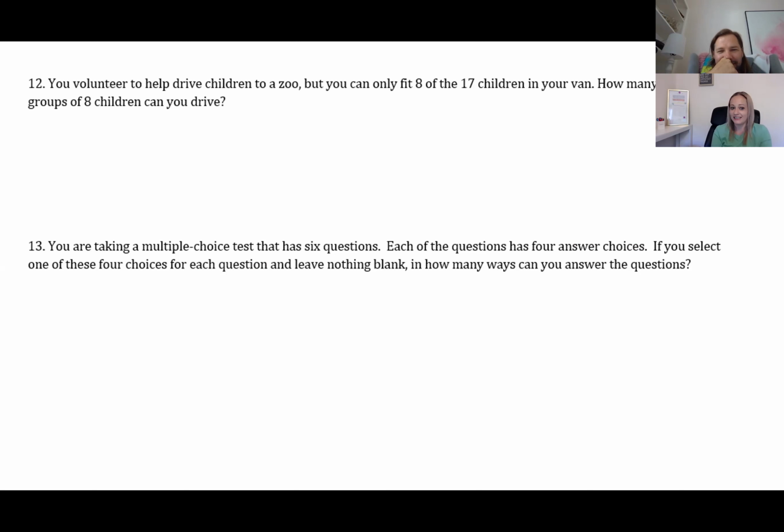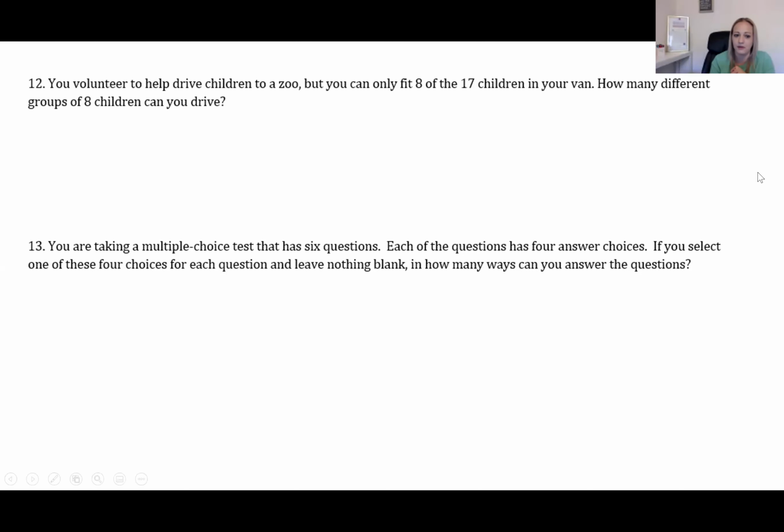There's nothing in that question to say that the order matters. You're just throwing them as a group into your van. So order doesn't matter, so this will be a combination. n is always the larger number, so 17 C 8.